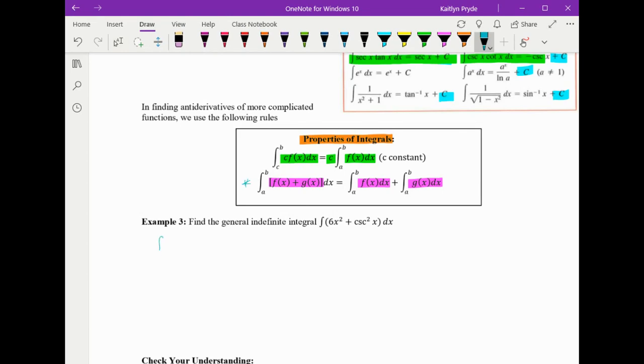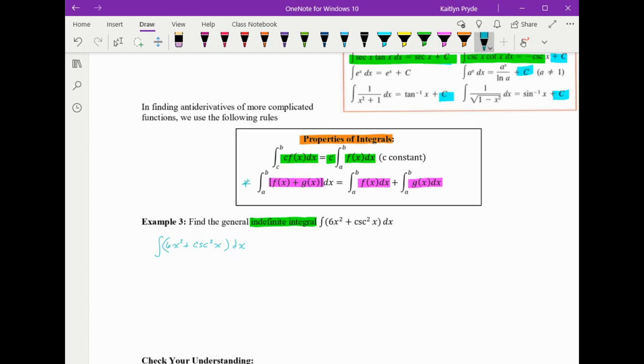So I have the integral of 6x squared plus cosecant squared of x dx. Now, this is an indefinite integral. How do I know? There are absolutely no bounds on my integral. So I'm just looking for any antiderivative here, so I'm going to include that c.